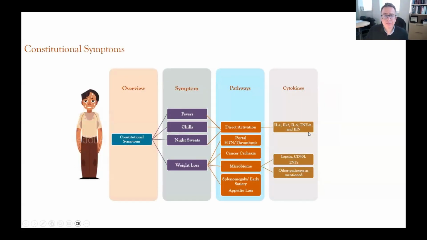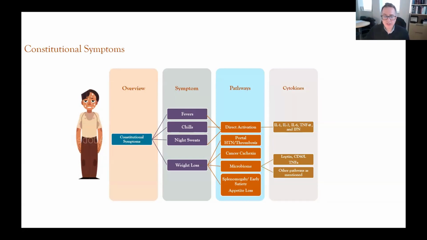And then lastly, I'm going to point out constitutional symptoms, or what are called systemic symptoms. These are symptoms that are not specific to myelofibrosis per se, but can be seen throughout multiple different types of malignancies. And these are the fevers, the night sweats, the chills, the weight loss. And we know that these are also complicated by different pathways, but can be associated with different cytokines.